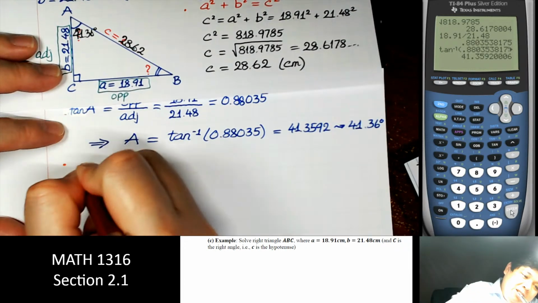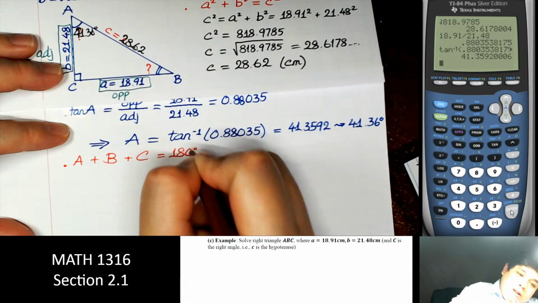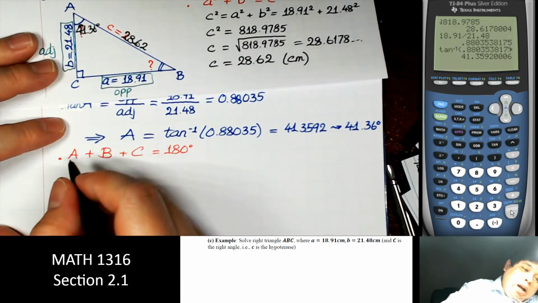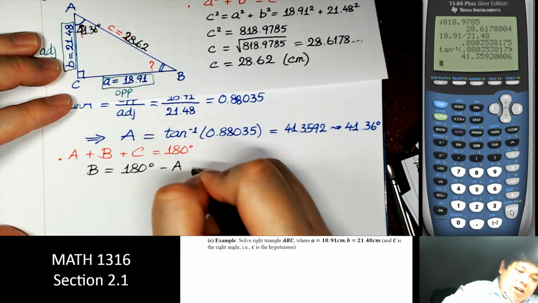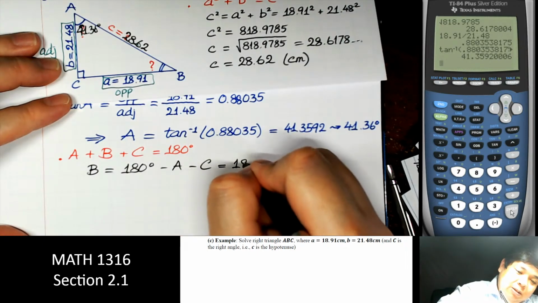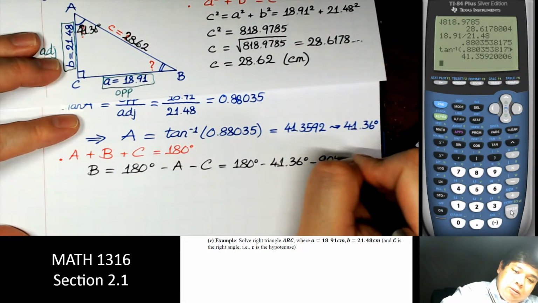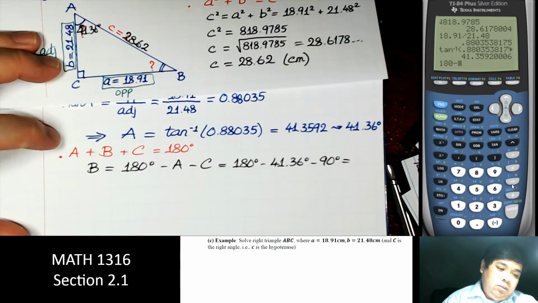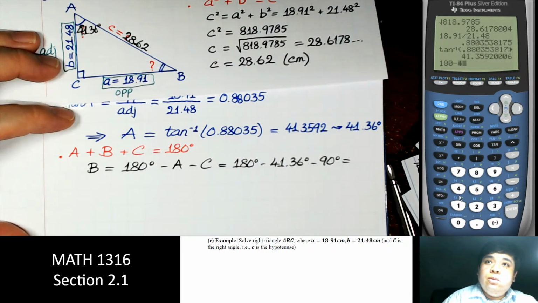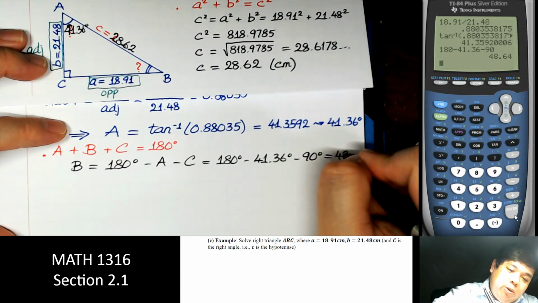So angle B is 180 minus angle A minus angle C, which is 48.64.